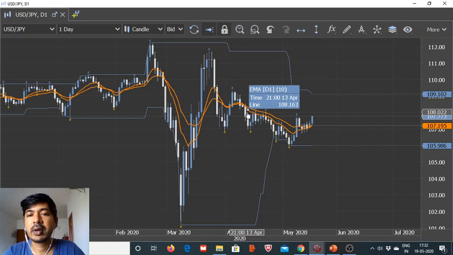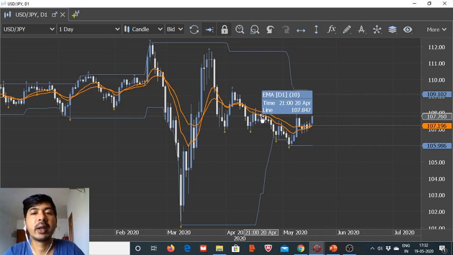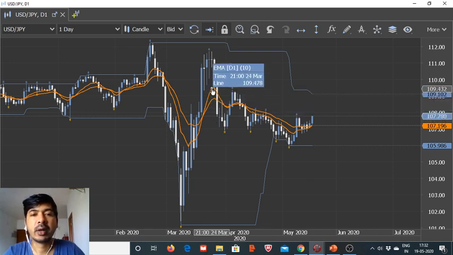Whenever the 10 EMA is trading lower than the 20 EMA, we will be looking for a sell trade, and whenever the 10 EMA is trading above the 20 EMA, we will be looking for a buy trade.